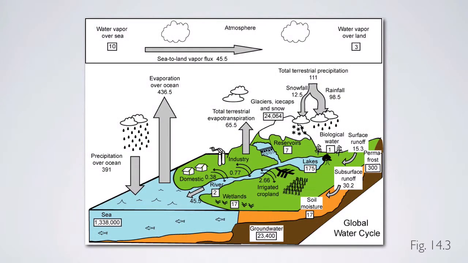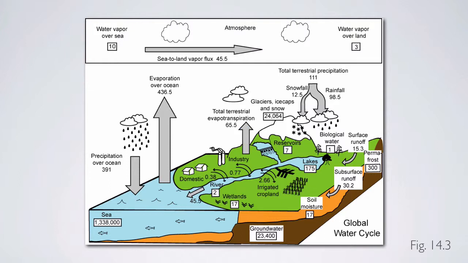So getting back to figure 14.3, we've got a large flux of evaporation over the ocean, and most of that comes back down into the ocean. There's a sea to land vapor flux of 45 units, and a lot of that falls onto the land. And eventually, a good portion of that gets transpired, with transpiration rates on land being about half of what they are over the ocean.